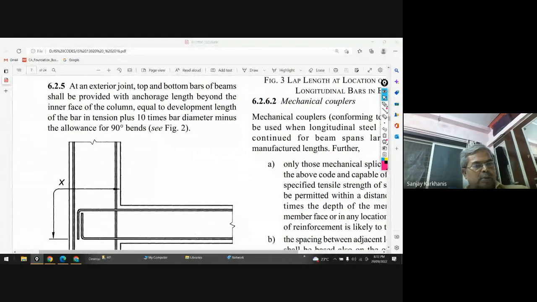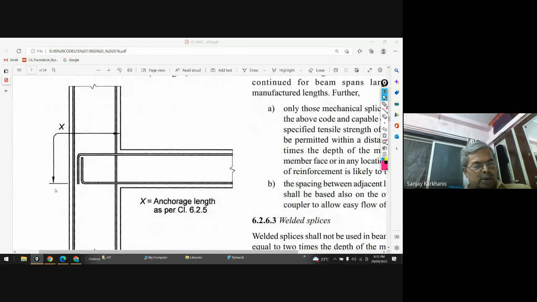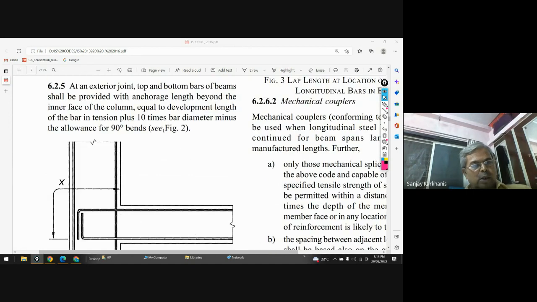The anchorage of top and bottom bars of the beam at the discontinuous end. You can see this is your discontinuous end, and the anchorage of the bottom reinforcement as well as the top reinforcement, whatever is the anchorage length, shall not be less than Ld, the development length of the bar in tension, plus 10 times bar diameter, minus the allowance for a 90-degree bend.